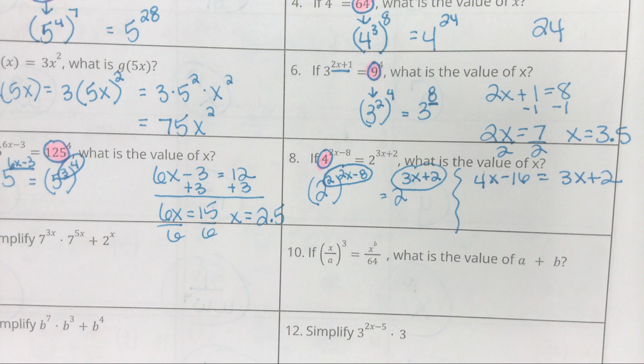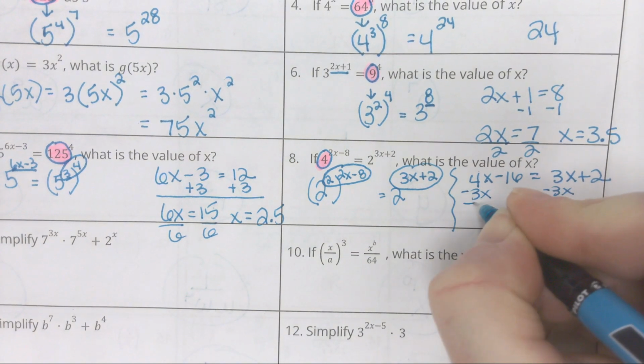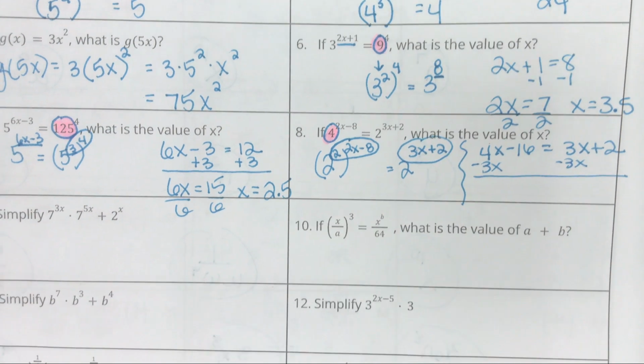Would you finish it for me for a minute? Okay. I think I got 18. So I subtract 3x from both sides.